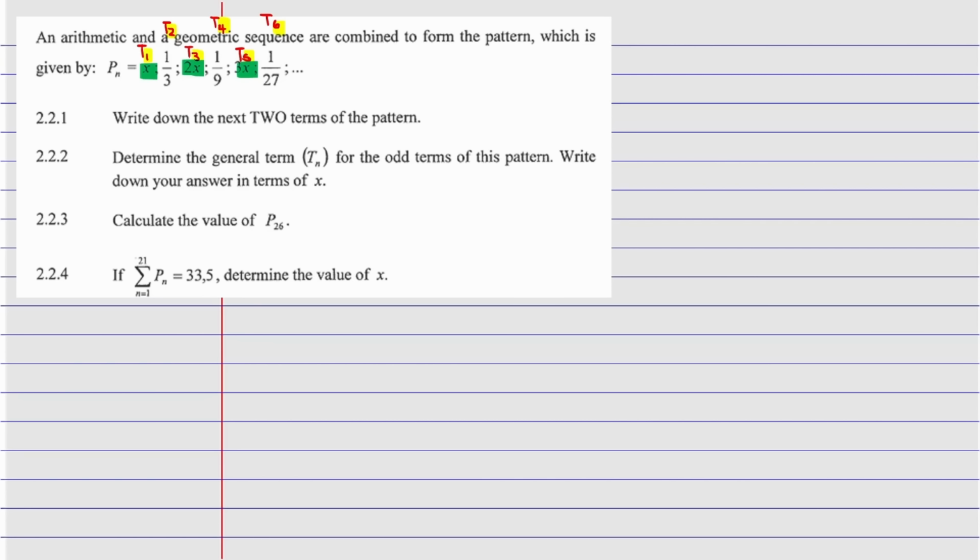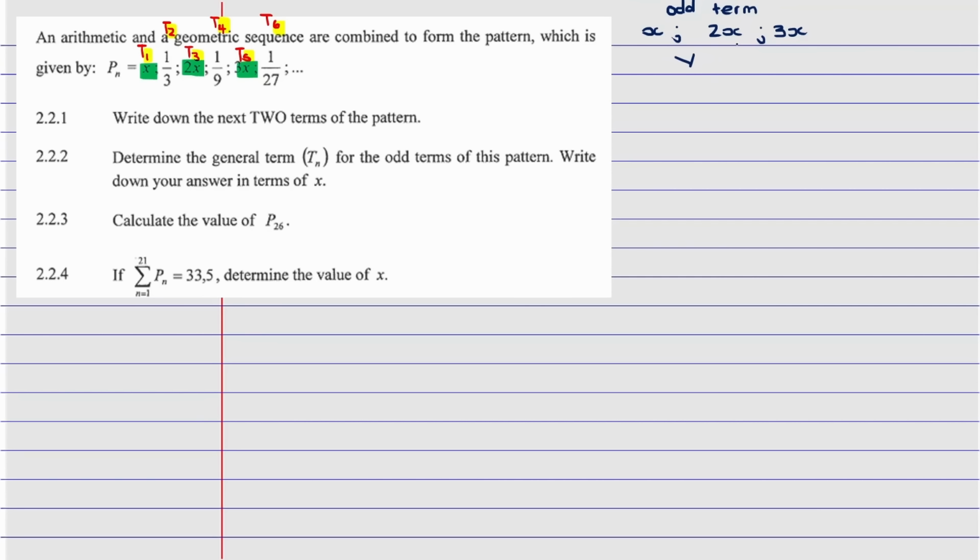So with that said, we see the fact that x, 2x, and 3x, the ones that I highlighted, are regarded as our odd terms, right? What type of a sequence is this?